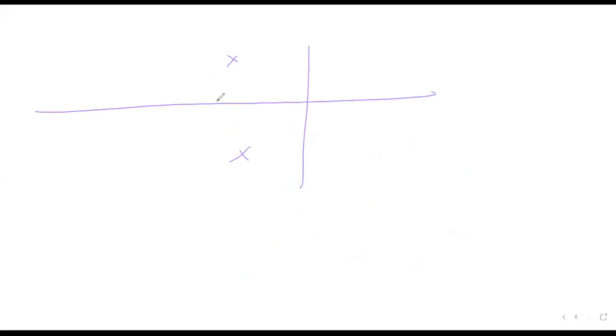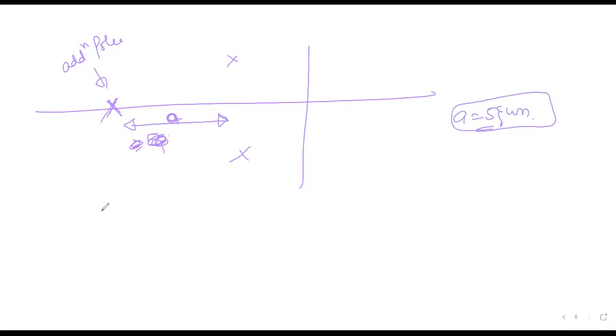Suppose you have this second order pole and this one additional pole. Now suppose the distance between them is A, and A is 5 zeta omega n.